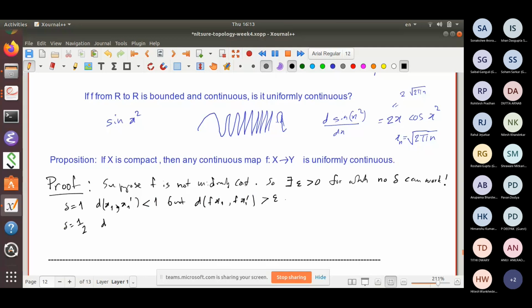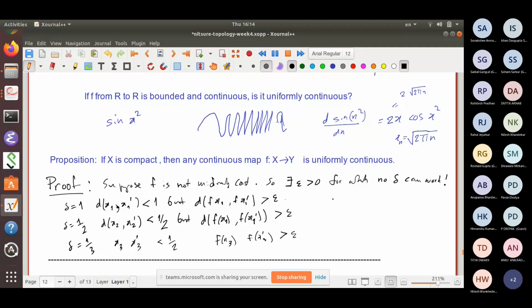So there are some x2 and x2 prime, with distance less than 1/2, but d of f(x2), f(x2 prime) is still greater than epsilon. Let's try delta equal to 1/3, and again the same problem. You will have some x3 and x3 prime, and their distance is less than 1/3, but the distance between their images is still greater than epsilon.